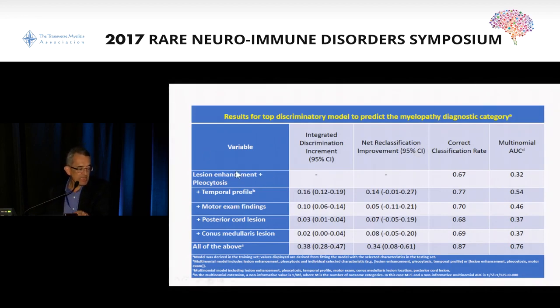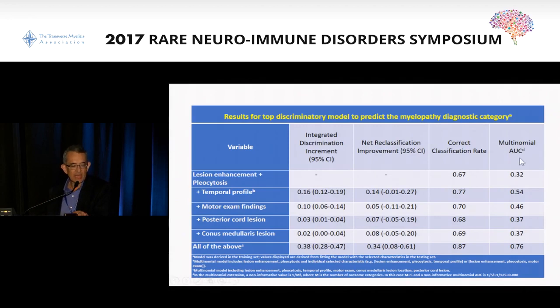If you take a patient with a possible inflammatory myelopathy, and you take only the factors associated with enhancement in the MRI and pleocytosis, the correct classification rate is only 0.67. In other words, 67% will be correctly diagnosed.